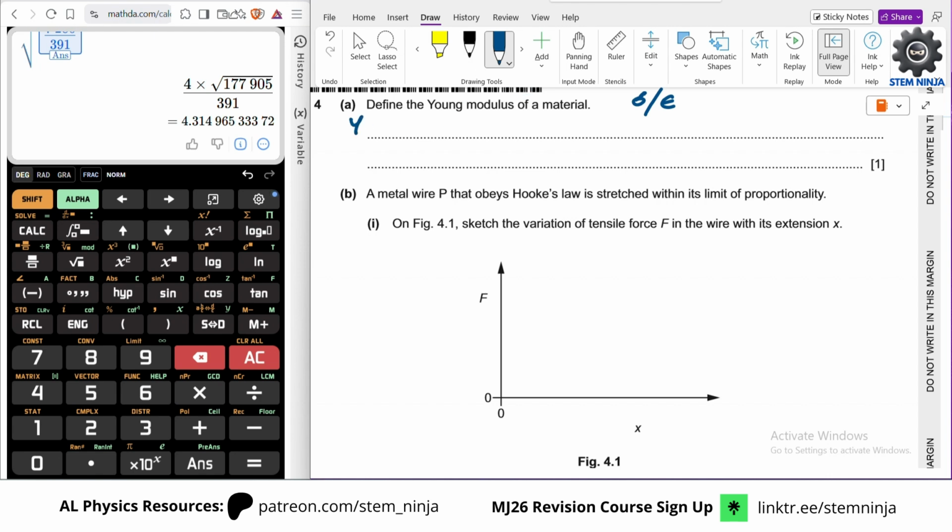So Young modulus of a material is the ratio of stress to strain.